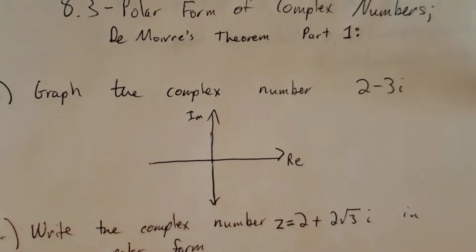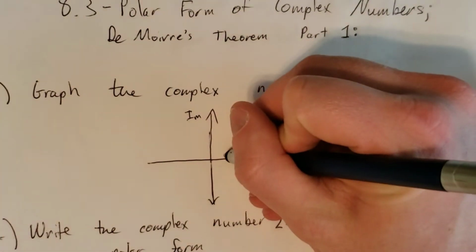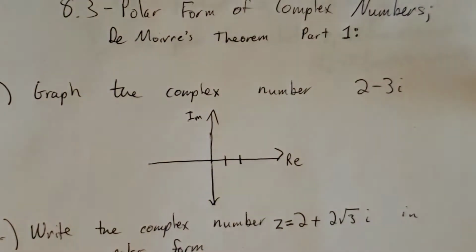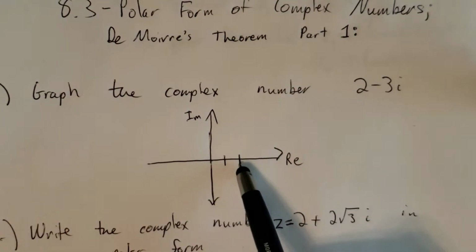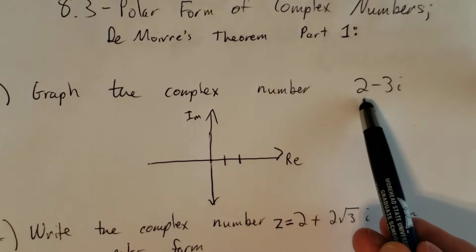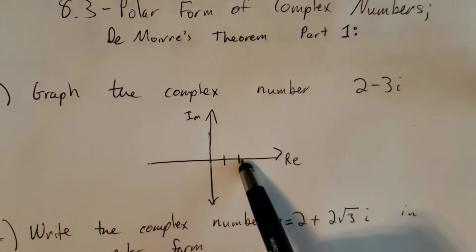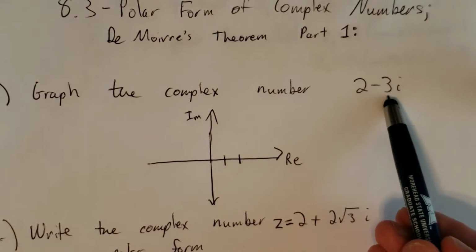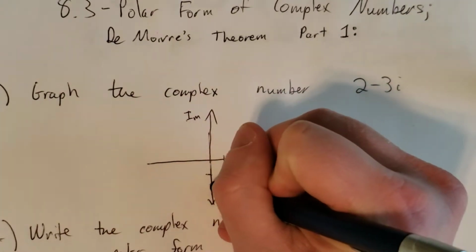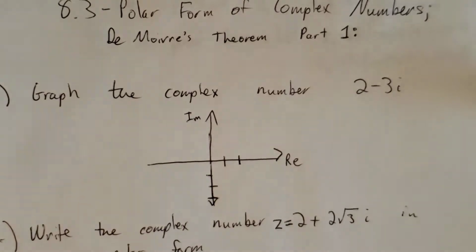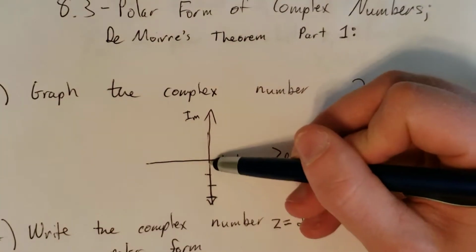So to graph the complex number 2 minus 3i, we travel a positive 2, right? Because we travel in the real line. 2 is our real value, our real part. So we travel on the real line, positive 2. Negative 3 is our imaginary part. So we travel along the imaginary line down negative 3.